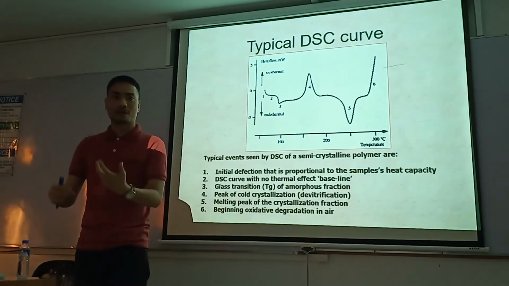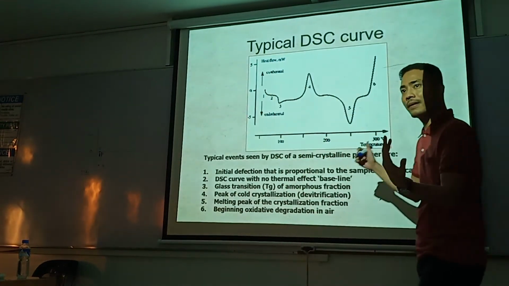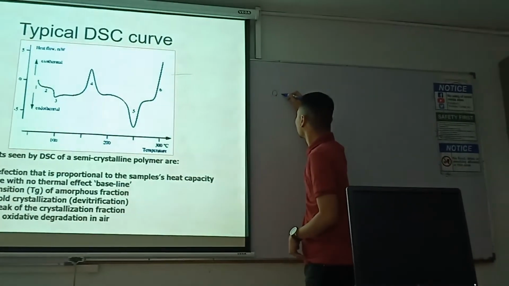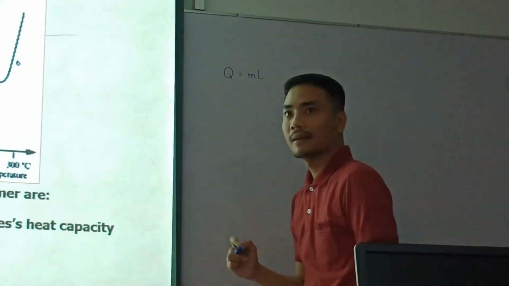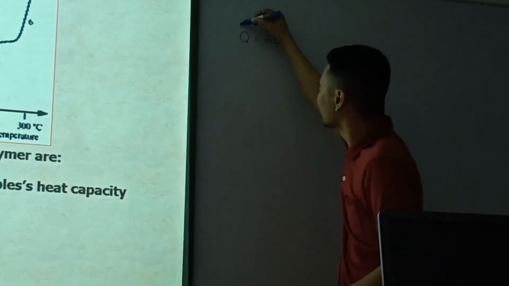Latent heat. What is the formula for that? For latent heat, Q is equal to the mass of the substance times the heat of reaction. This is latent heat.